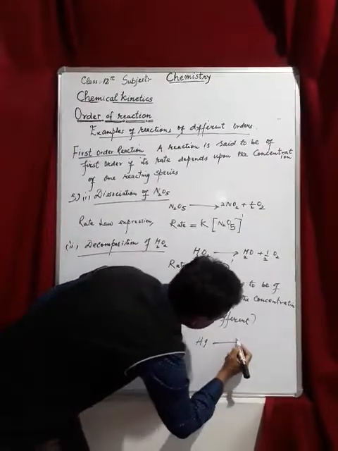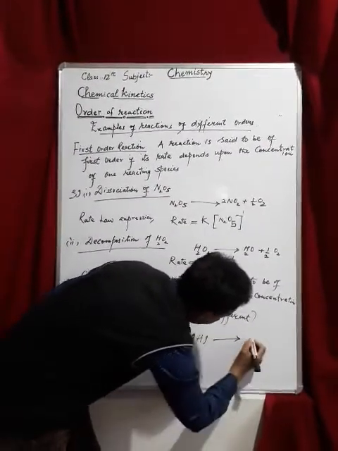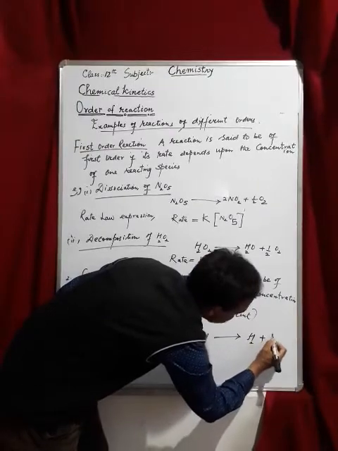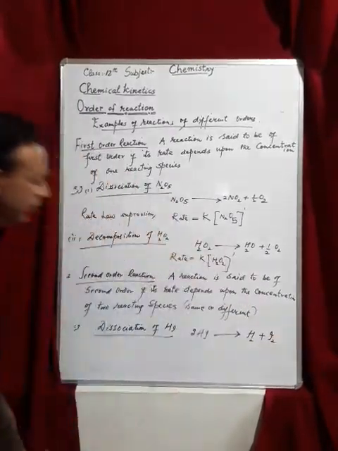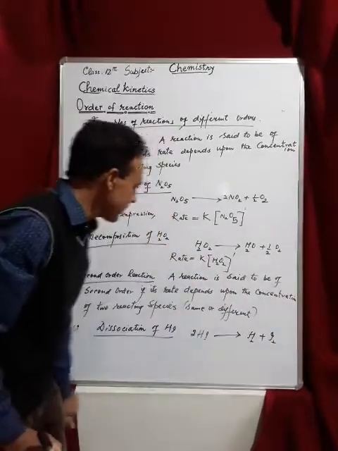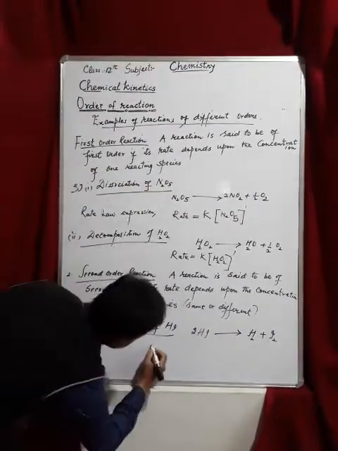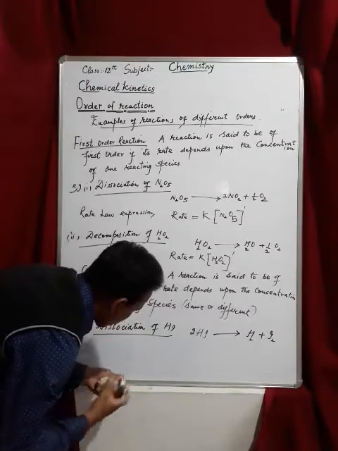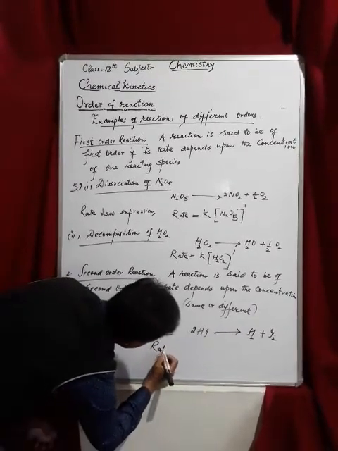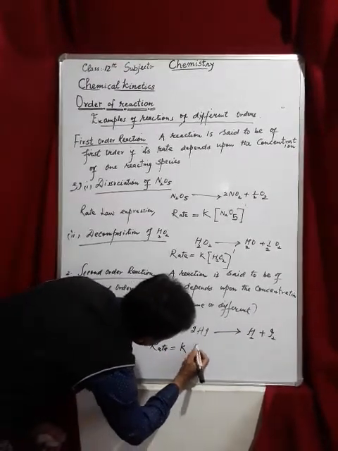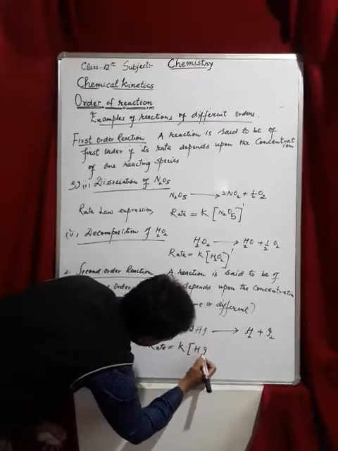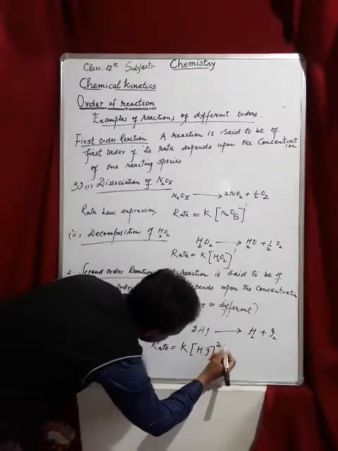HI decomposes and forms H2 plus I2, hydrogen and iodine, and according to the rate law expression, the rate of the reaction is equal to K [HI] raised to power 2.